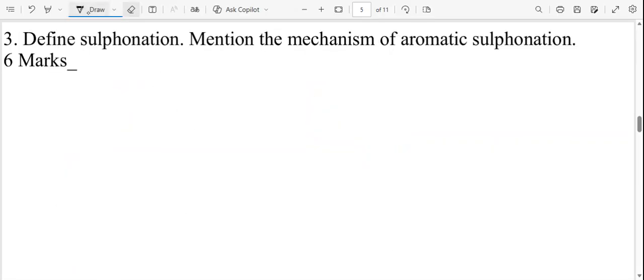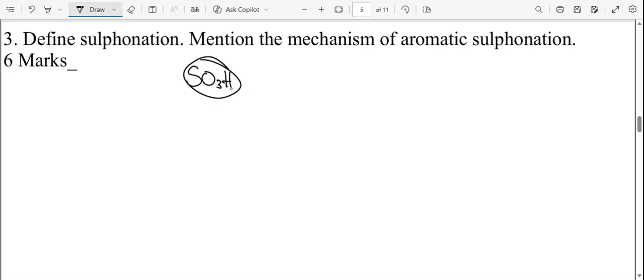The other question says, define sulfonation, mention the mechanism of aromatic sulfonation, 6 marks. So what we need to know is that sulfonation is an electrophilic aromatic substitution reaction in which this SO3 group is introduced into the aromatic ring using concentrated sulfuric acid or fuming sulfuric acid.